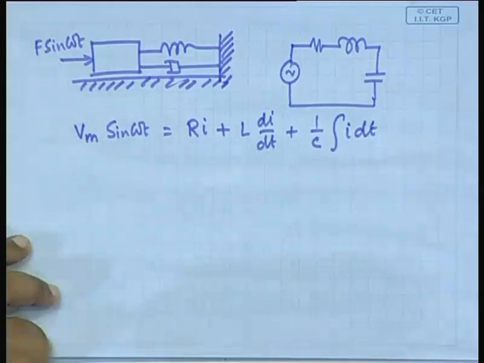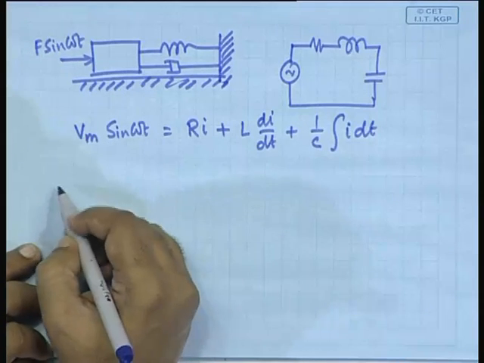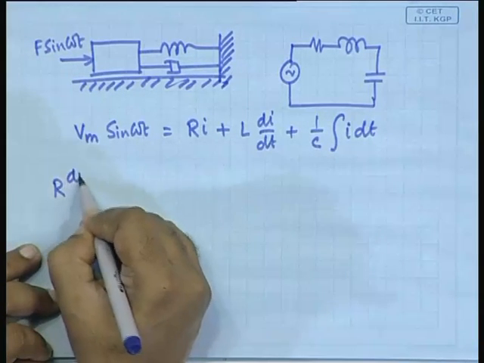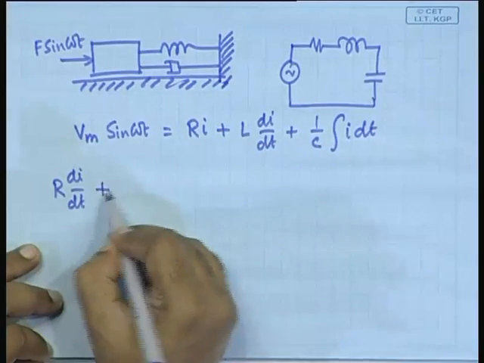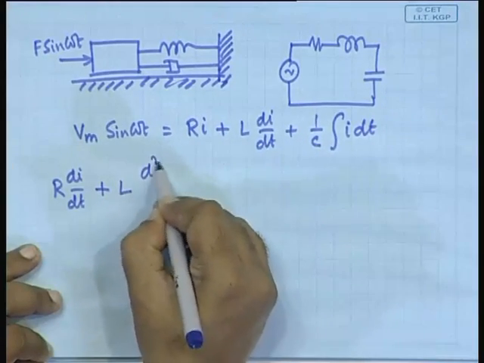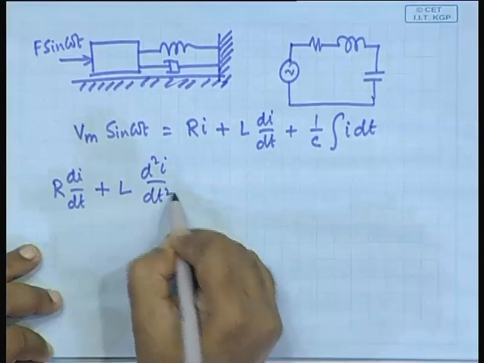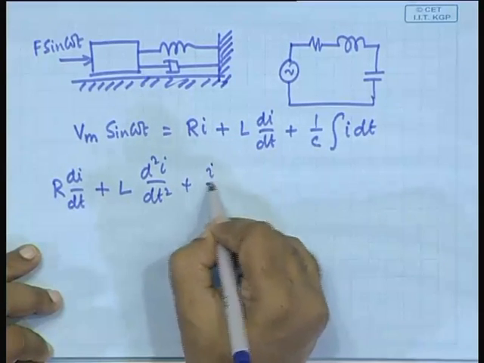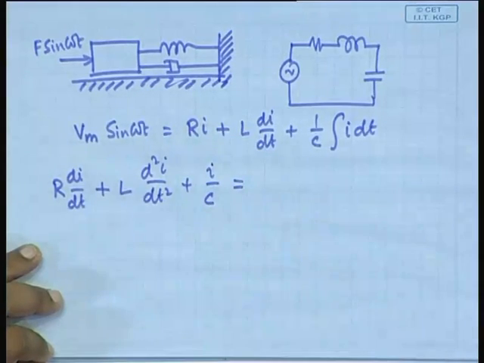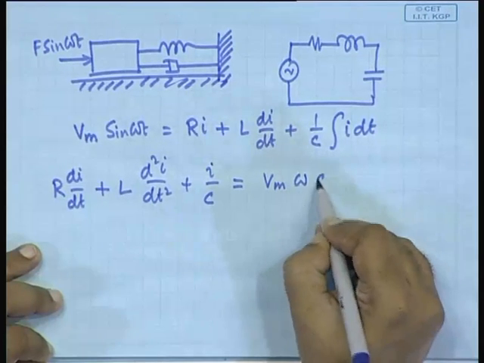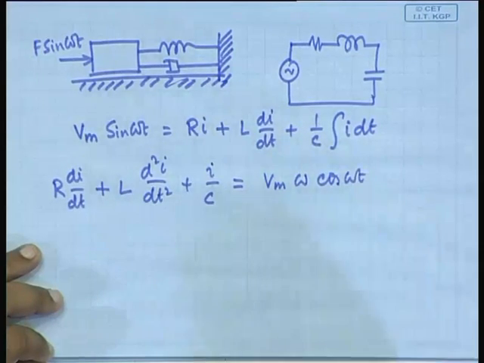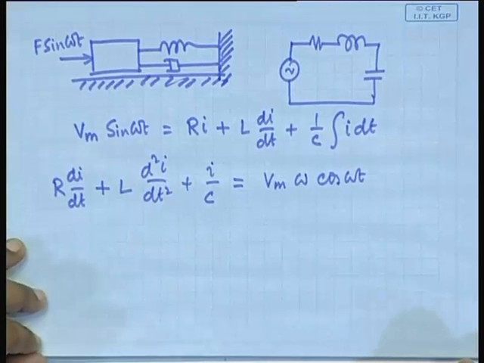Fine. We differentiate it through, we have R d I dt, I am writing the right hand side this side, plus L d 2 I dt 2 plus I by C is equal to V m omega cos omega t, right.